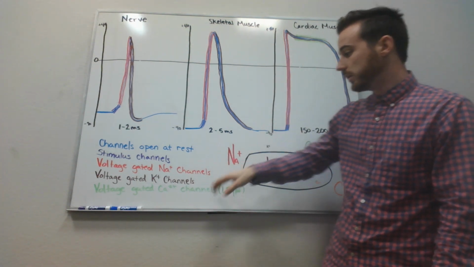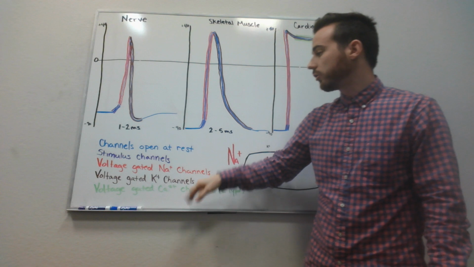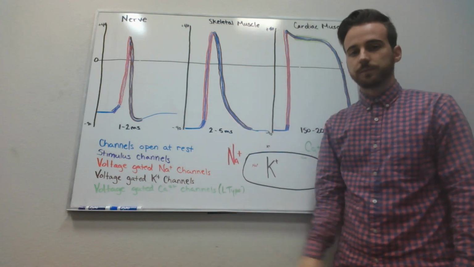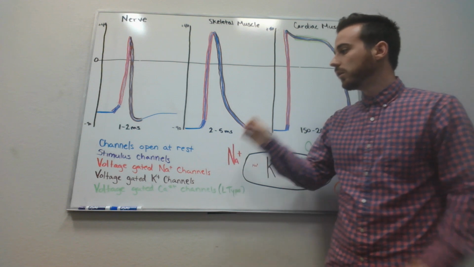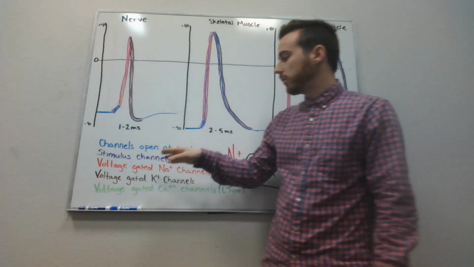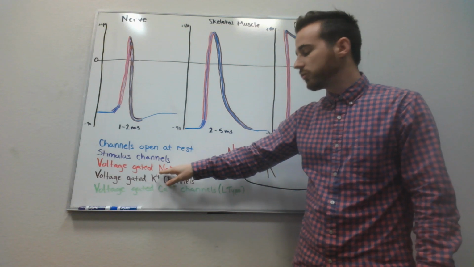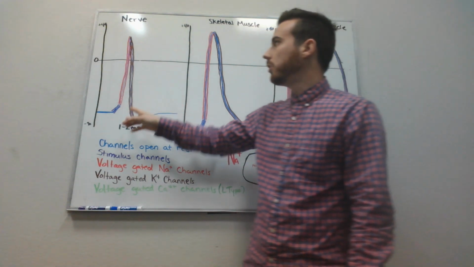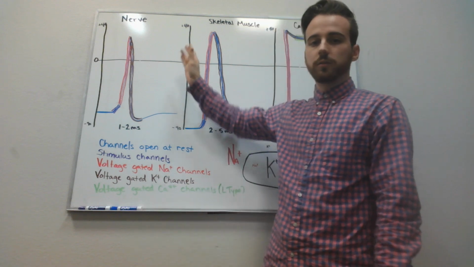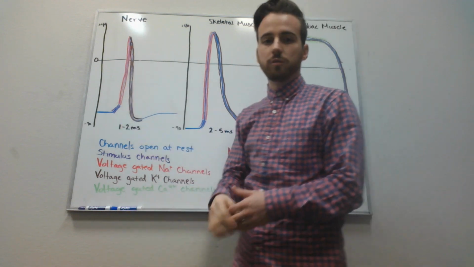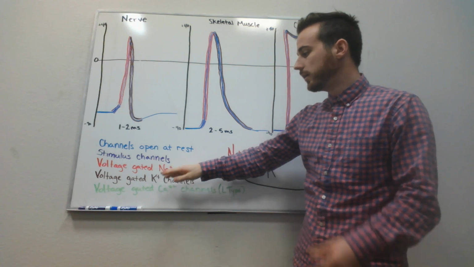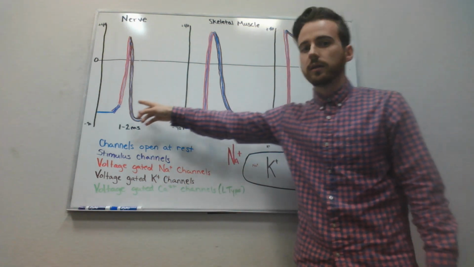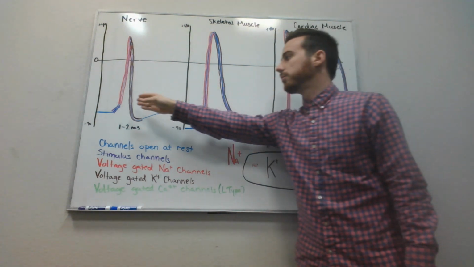Actually, in cardiac muscle, these L-type calcium channels are also going to be activated by that depolarization that happens there. These sodium channels are very, very quick to react, okay? So we get this very, very quick upshoot because the sodium channels are open, the potassium and the calcium channels are not yet open. And we see that in all three tissue types.